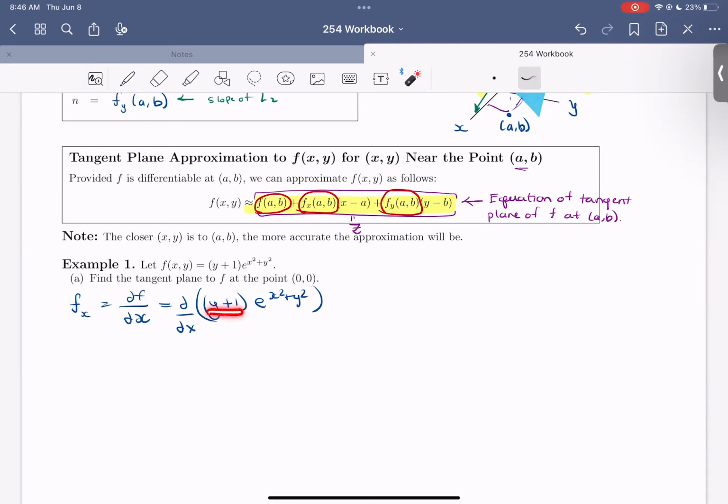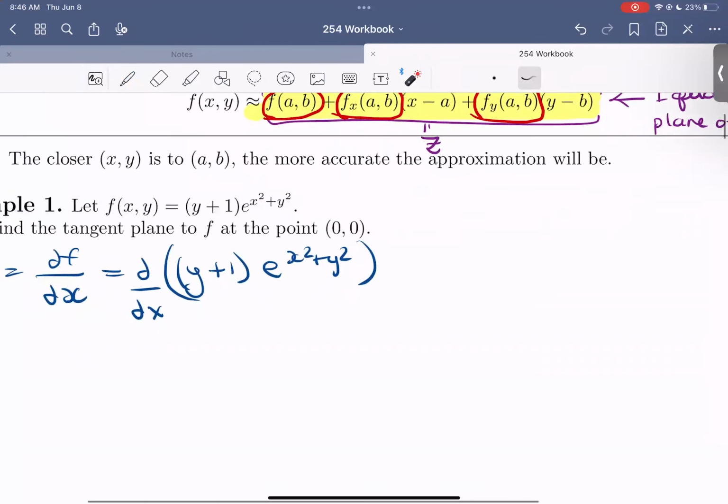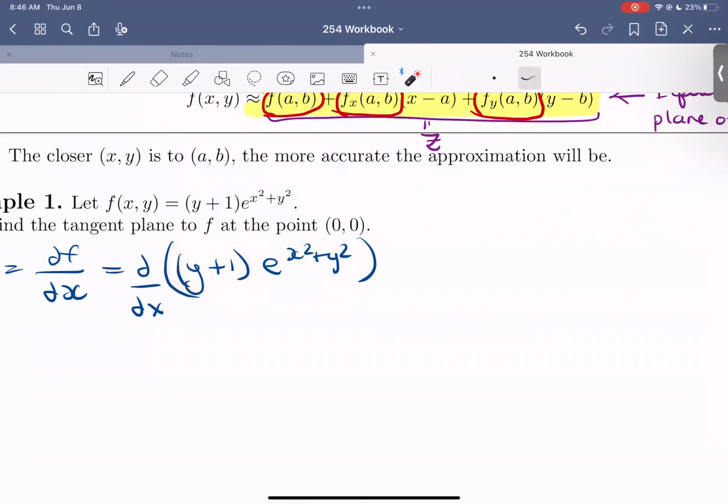Meaning, whenever we see y or an expression like y, we're going to treat it like just a constant. So this becomes equal to y plus 1, the constant just comes out, times the derivative of e to the x squared plus y squared with respect to x.